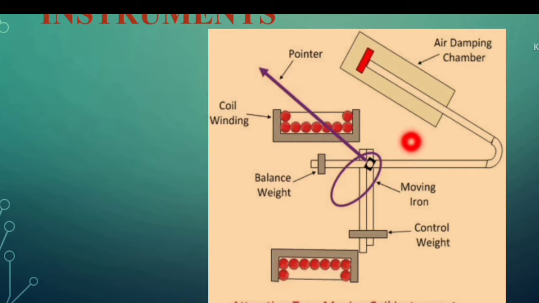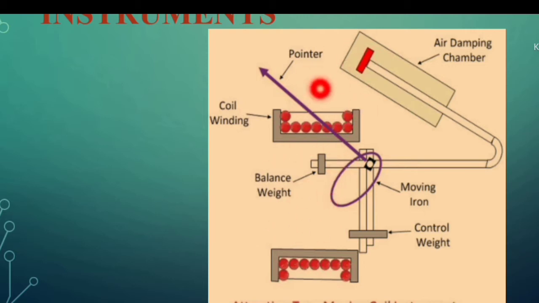Similar to the PMMC instrument, these MI instruments also consist of 5 main parts: the magnetic system, moving system, controlling system, damping system, and indicating system. For the magnetic system, we make use of an electromagnet, and for that we use a coil.